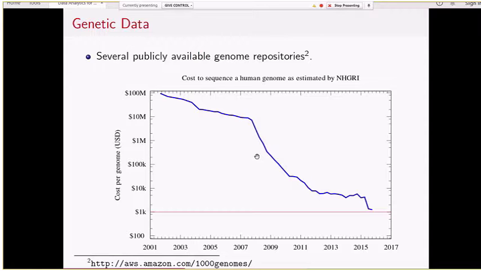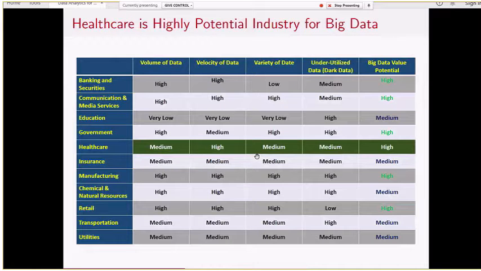You can sequence a human genome for $3,000 to $4,000, and the cost is still decreasing. So in general, healthcare is a potential industry for big data, and there are a lot of applications that can achieve different types of advantages, which we are going to talk about in the next slides.